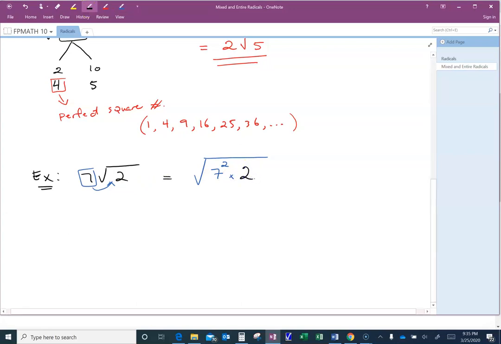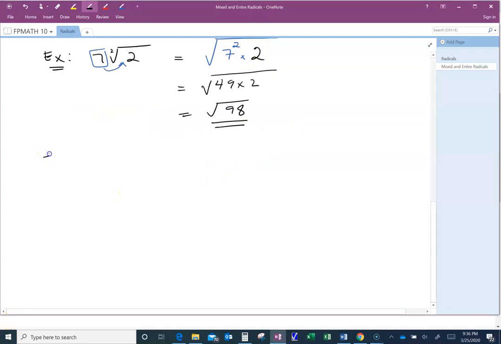Simple as that. And why are we squaring it? Because this is a square root. So now you do the multiplication. This becomes 49 times 2, and the answer would be square root of 98, and that is your entire radical.